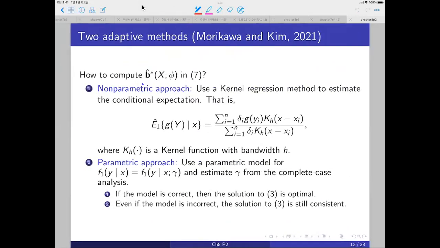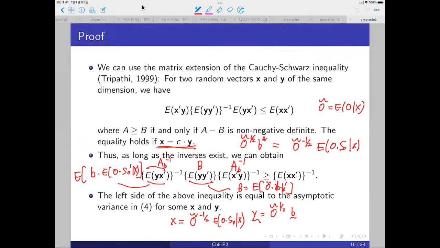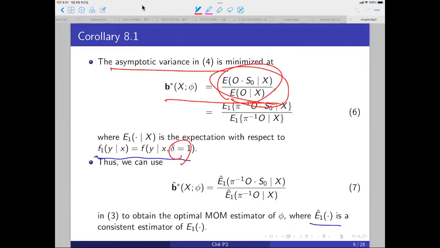That is the basic idea here. You can do either non-parametric, or you can use a parametric working model. A nice thing about the parametric approach is that if the model is correct, then this is optimal. If the model is incorrect, then B hat is no longer consistent for B star, because you have a wrong model. So it doesn't converge, but this is still a function of X.